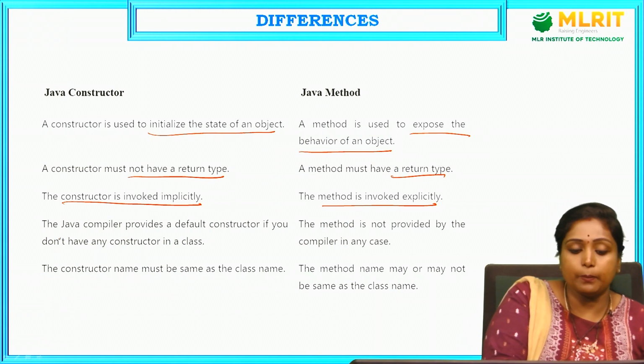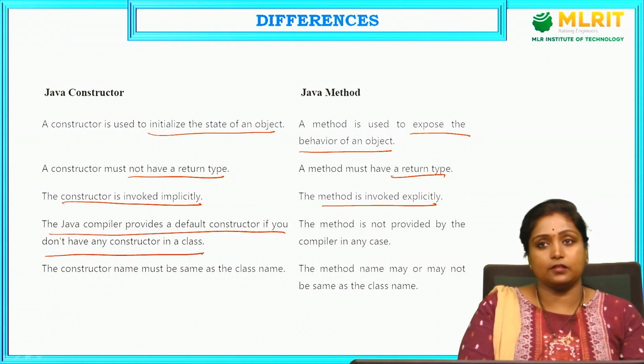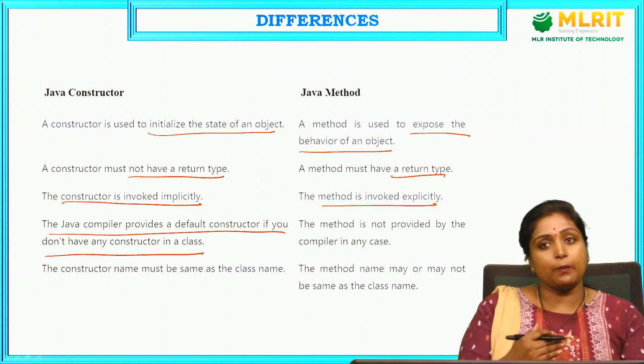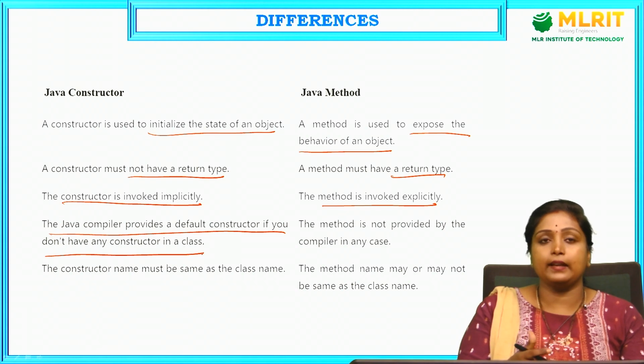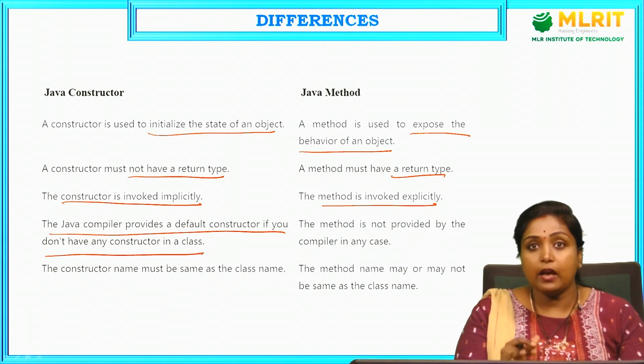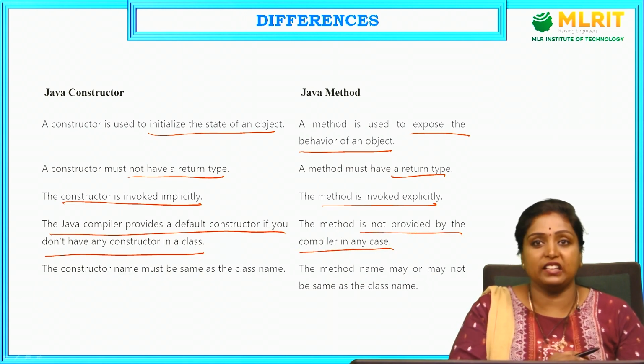And the Java compiler provides a default constructor. If you don't define any constructor in the program, the Java compiler itself will create its own default constructor and call it. Whereas a method is not provided by the compiler in any case.